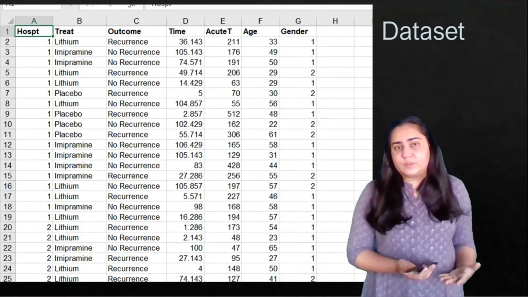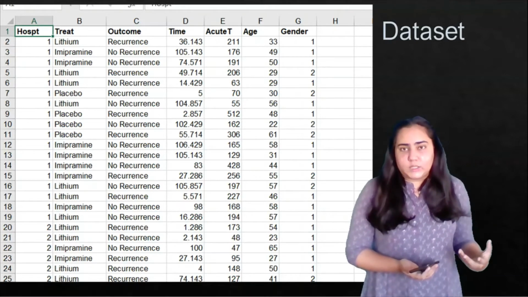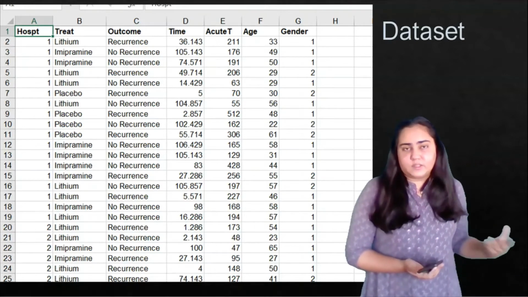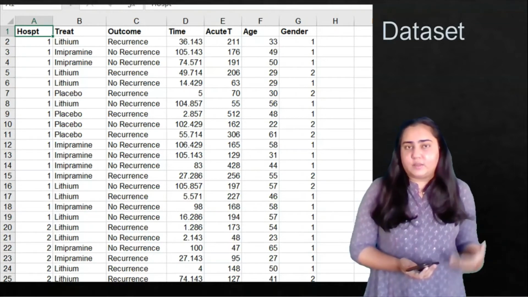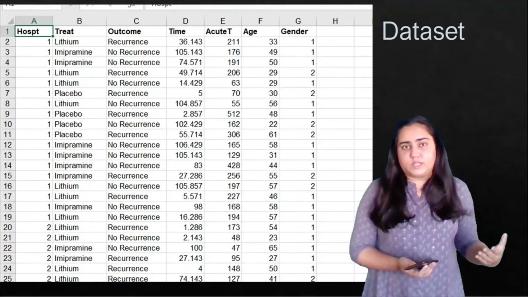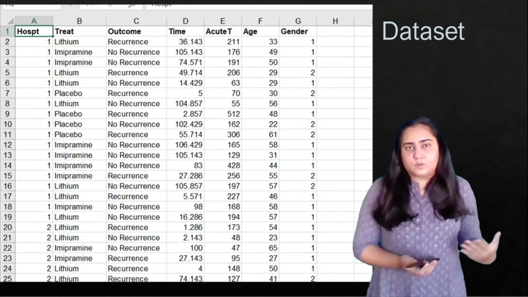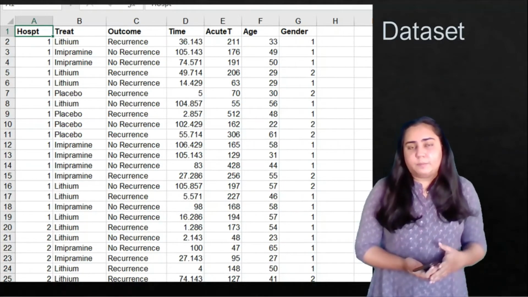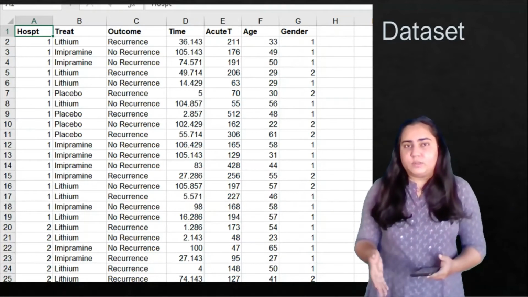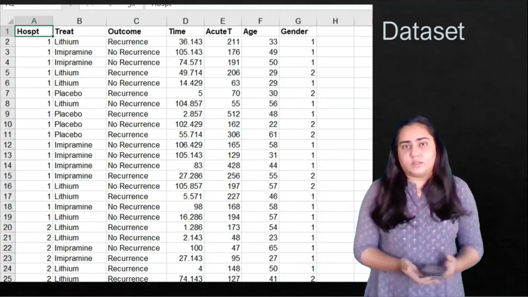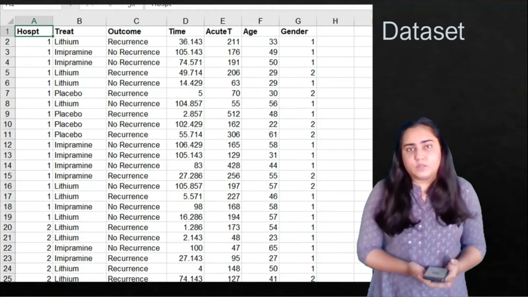Recurrence means even after taking this treatment from this hospital, the individual was still facing the same problems, issues related to depression. So those were recurring symptoms. But in some hospitals, for some treatments, there is no recurrence, and that is what is given as an outcome.